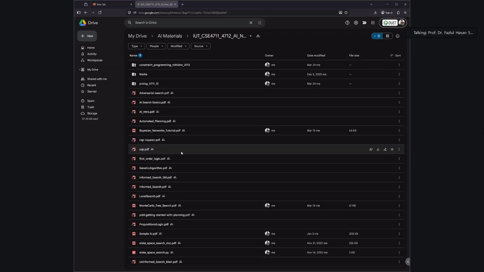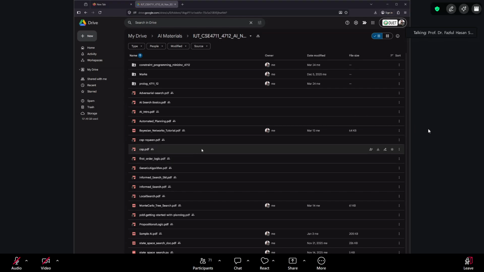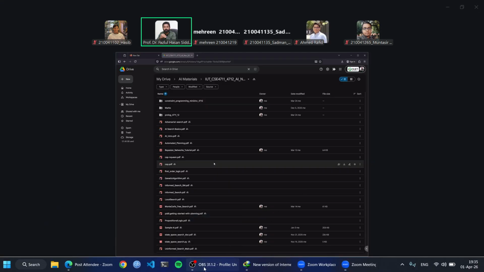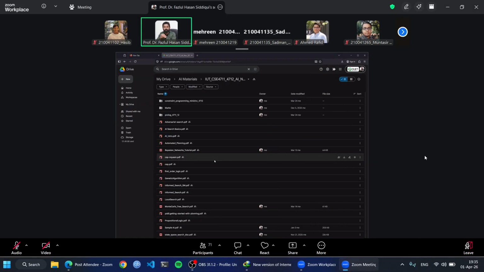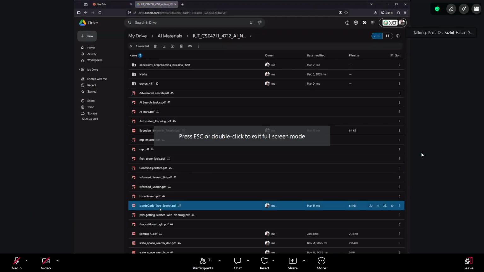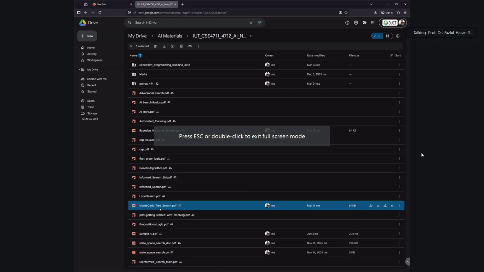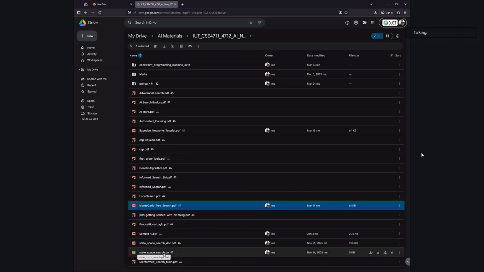The first thing is, I didn't give anything that I didn't cover in the class, except the reading assignment that was possibly the Monte Carlo tree search. You can see here the Monte Carlo tree search, and the Bayesian network.